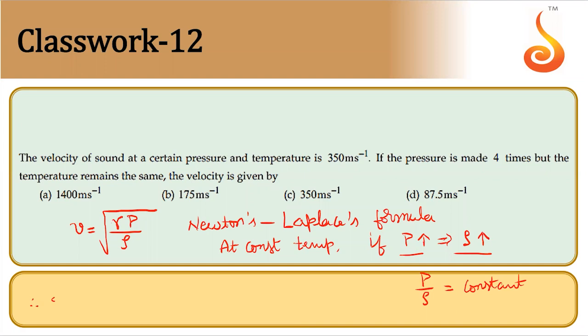Therefore, V is independent of pressure. This is the standard result. So if temperature is not changed, velocity remains as it is. So even though pressure is made 4 times, velocity remains as it is. That is option C. Originally 350, finally also 350.